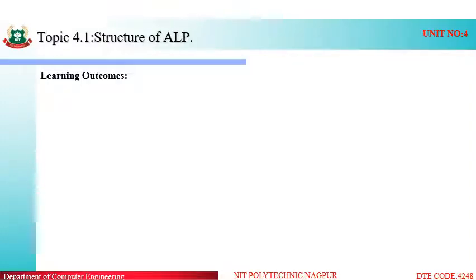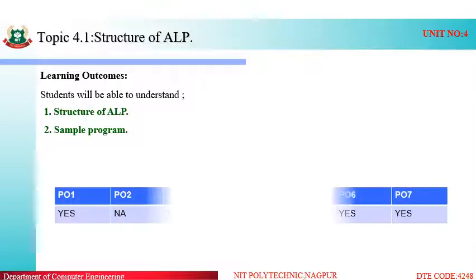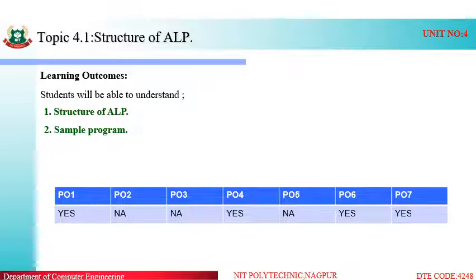Learning outcome of this video includes to study the structure of assembly language program, that is how the assembly language program should be written, that is the format of assembly language program. That particular format must be followed in writing every assembly language program, and we will see a sample program about how to write a simple assembly language program. POs mapped are PO1, PO4, PO6 and PO7.